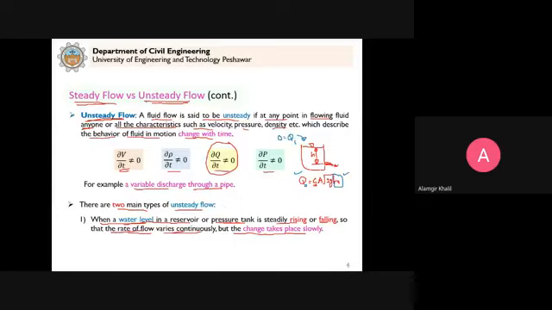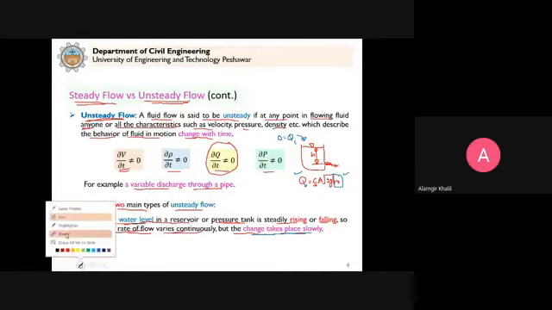So it becomes an unsteady flow problem, because the discharge is changing with respect to time. So when the water level in a reservoir or pressure tank is steadily rising or falling, the rate of flow will change continuously. But in this case, the important thing is that the change takes place slowly.